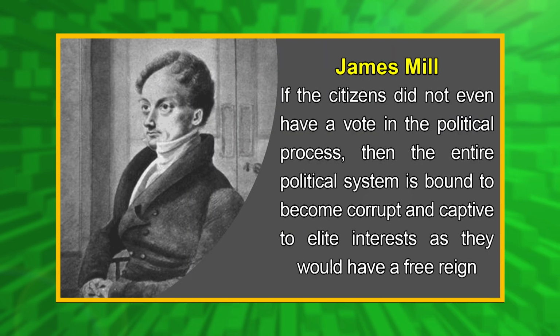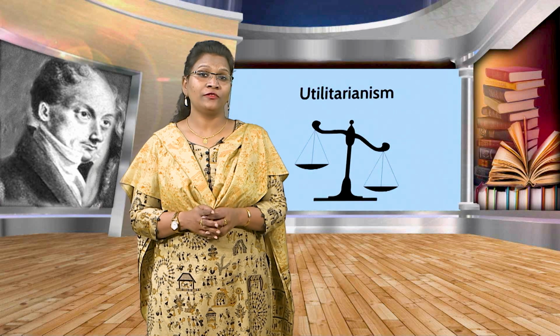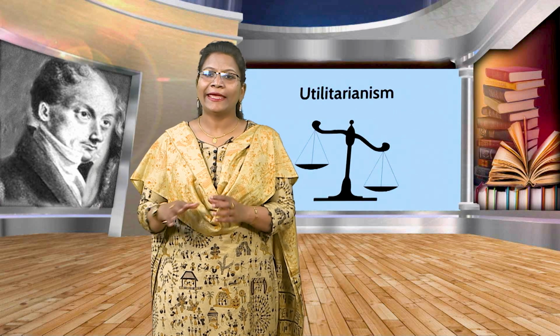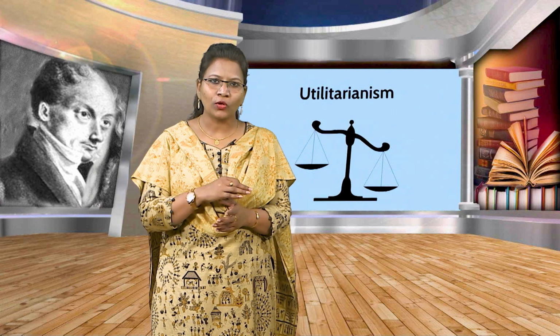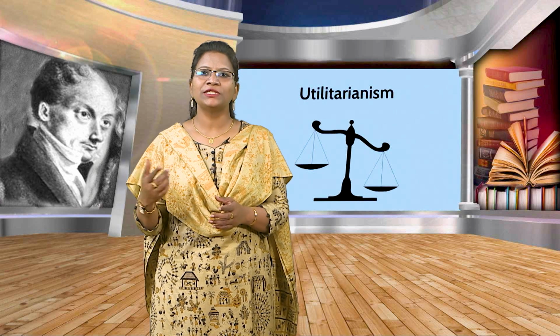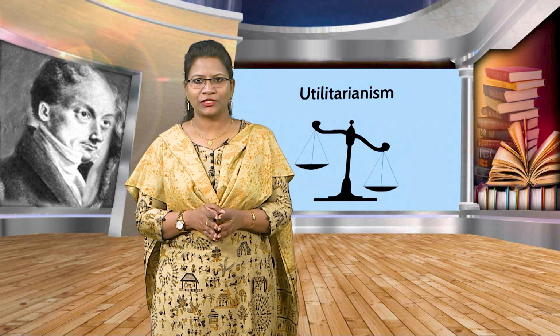He argued that if the citizens did not even have a vote in the political process, then the entire political system is bound to become corrupt and captive to elite interests, as they would have a free rein. Therefore, he rejected any justifications for restrictions on voting or notions like virtual representation.